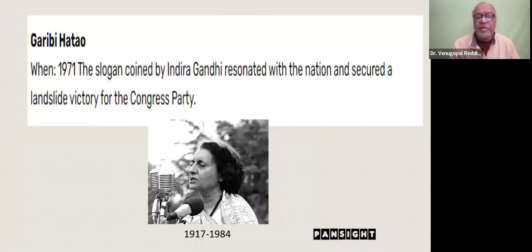In 1971, Indira Gandhi formed her own party. She split the old Congress party, which then became Congress I. In that election, she coined the slogan Garibi Hatao and secured a landslide victory for the Congress party.